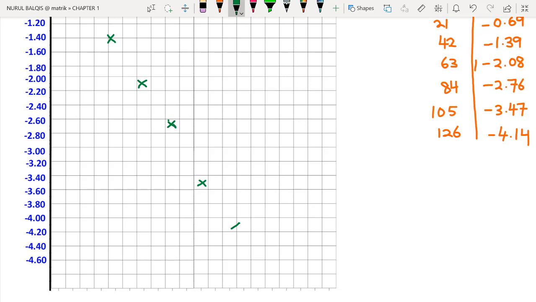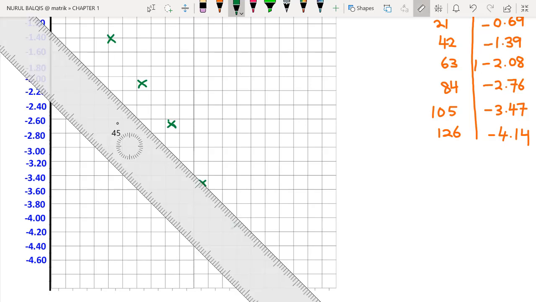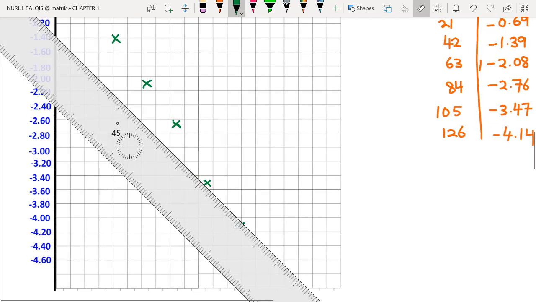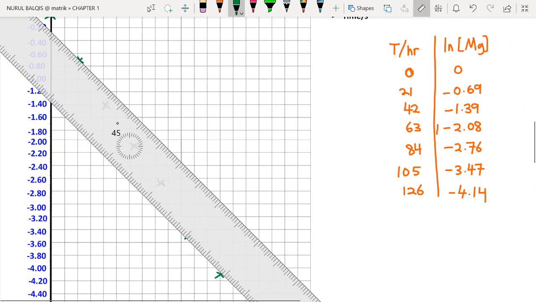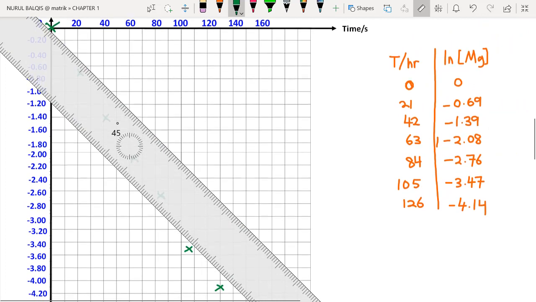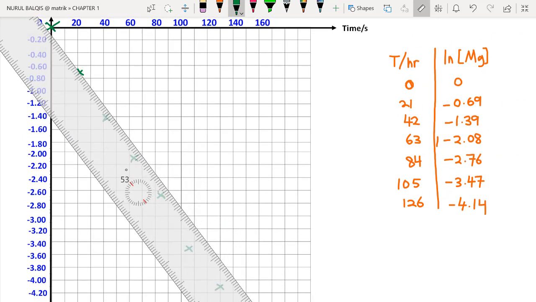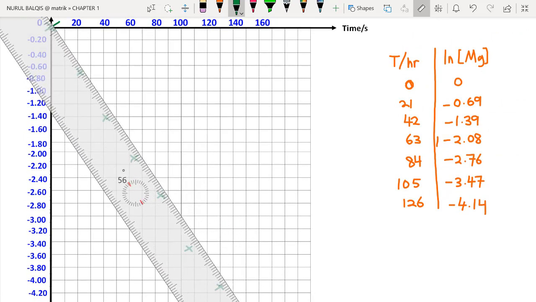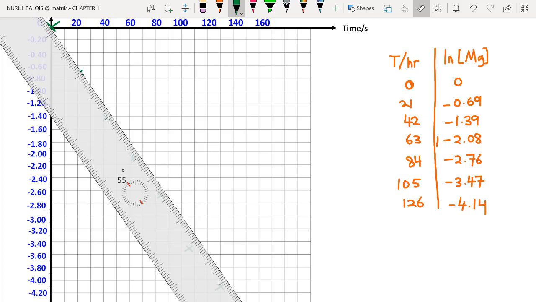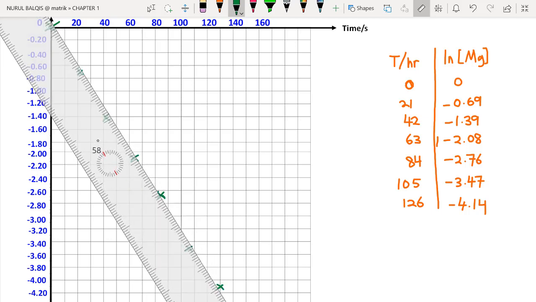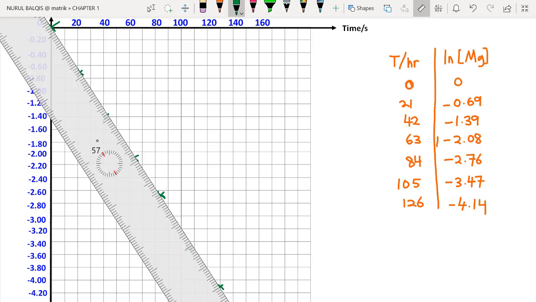Okay, so now let's take a ruler to make a straight line. Where's our origin? So we're going to take the best fit. Best fit means you got most of the points.